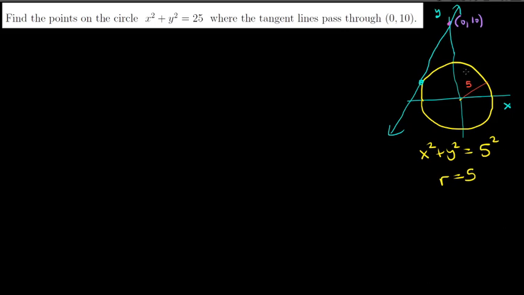Likewise, there's another point, again, somewhere over here. If I draw the tangent line at that point, it will also cross at 0, 10. So there's two of them, right? There's one point over here and one point over here. We need to find both those points. Okay? So yeah, a point is an x and a y, so we have to find both the x and the y, right?